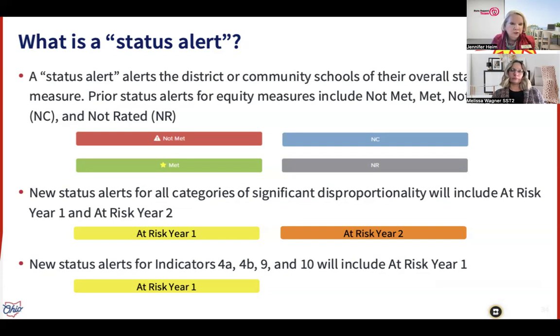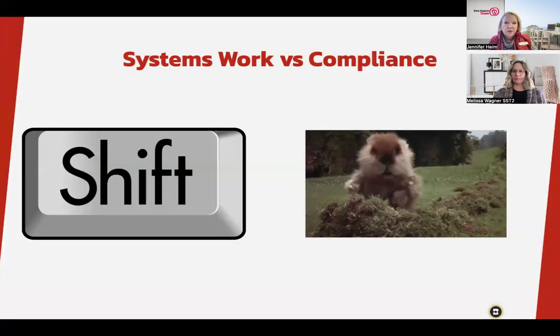So that's what we used to see. The new status alerts for all categories of disproportionality will include at-risk year 1 and at-risk year 2. The new status alert for indicators 4A and 4B, which is about discipline and suspension expulsion, and 9 and 10 will include at-risk for year 1. So you'll want to keep an eye out for those.